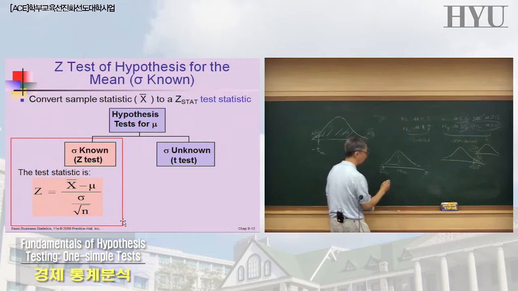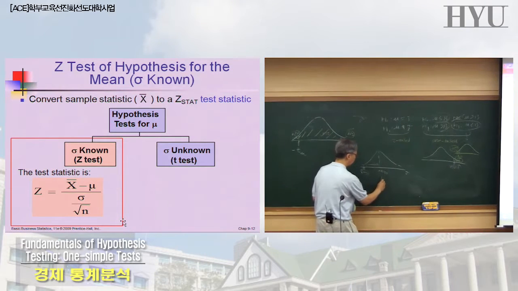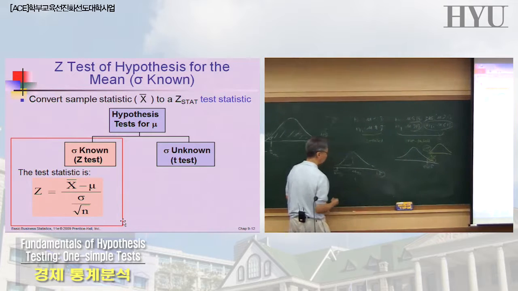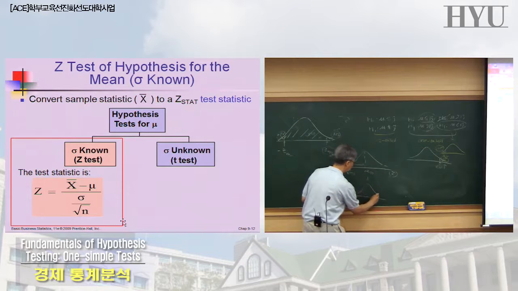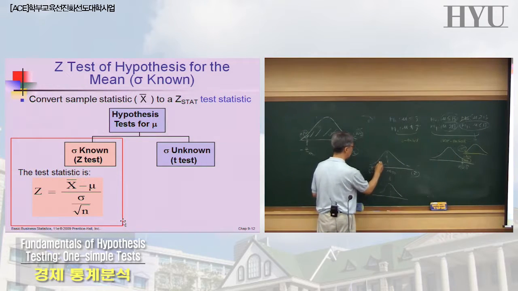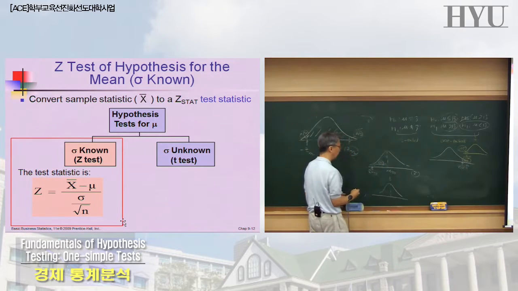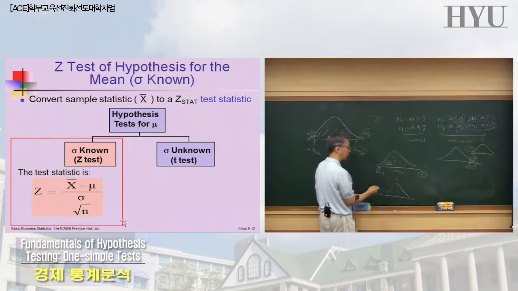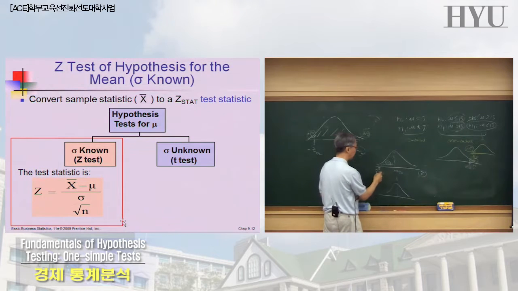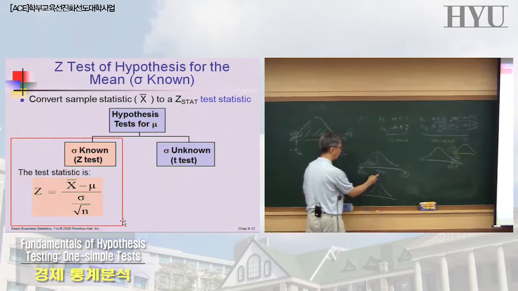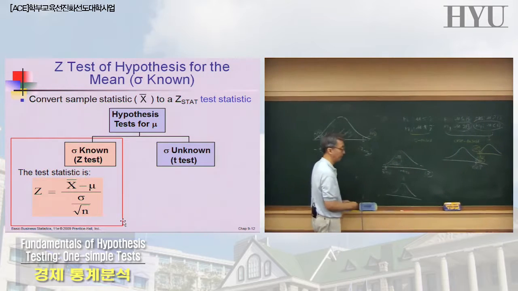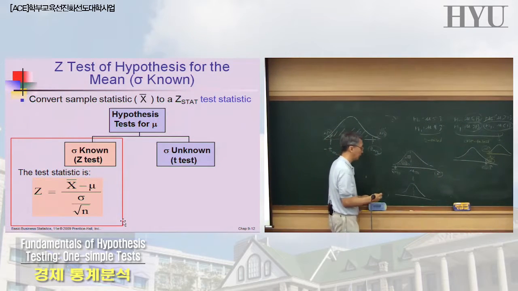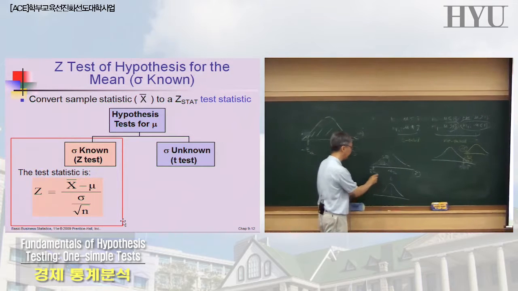In order to make the conclusion, we have to convert this X bar into Z scale, and convert the actual distance, let's say the actual distance is 30, into a Z-score: how far this 20 is from 50, considering the standard deviation. That way we can compare it to the critical value.